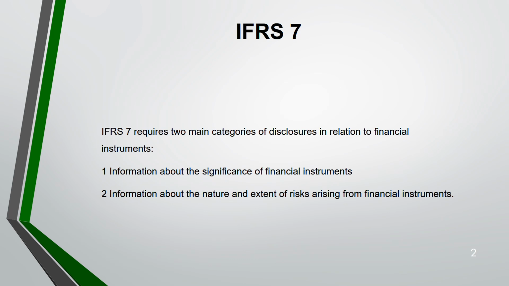Therefore, in order to minimize the risk and the impact on the entity, they have brought up separate standards for financial instruments alone. That's why there is one for presentation, one for disclosure, and another for measurement, recognition, and all those things. So that's why you have to separately disclose the financial instruments risk under IFRS 7.